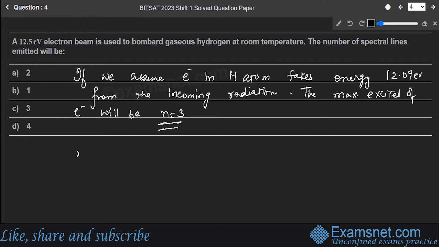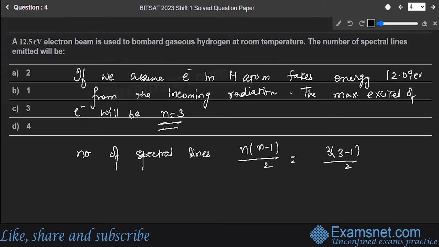So the number of spectral lines will be given by this, that is equal to 3. Here we are assuming some part of the energy is lost.